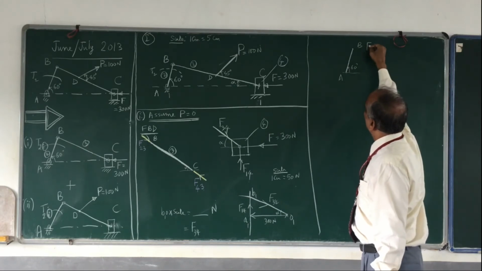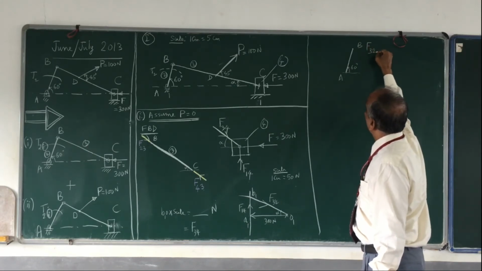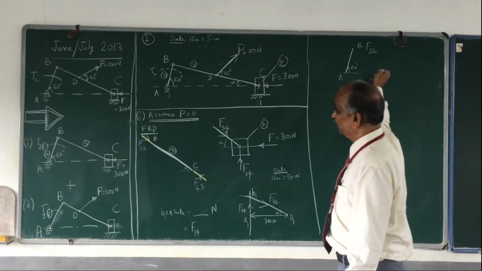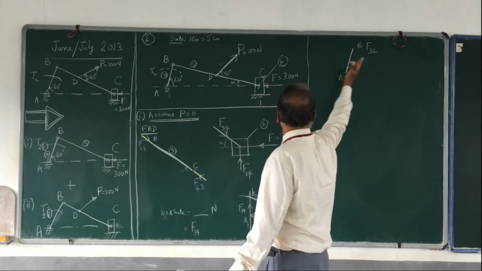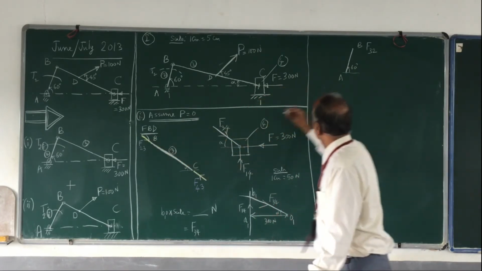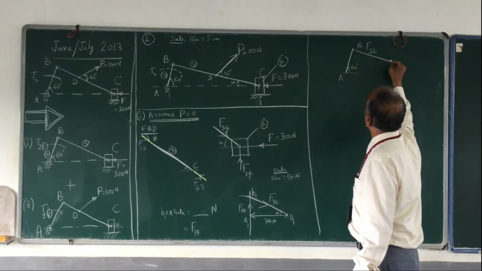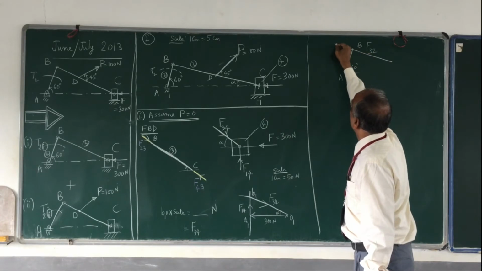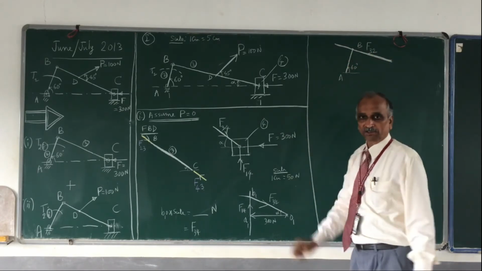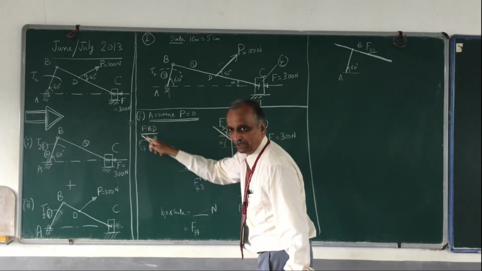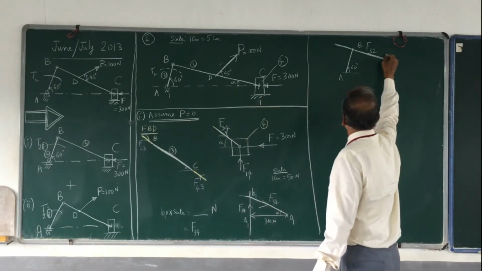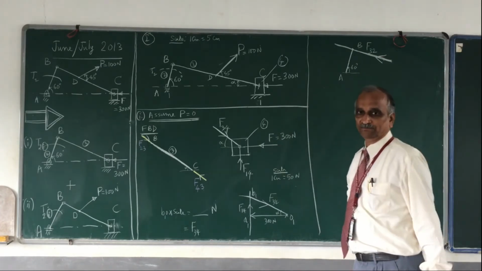I know the magnitude and also direction. F23 is the same as F32, which is along the connecting rod; extend it if you require. And what is the direction? F23 direction is this way, and therefore F32 direction is this way.